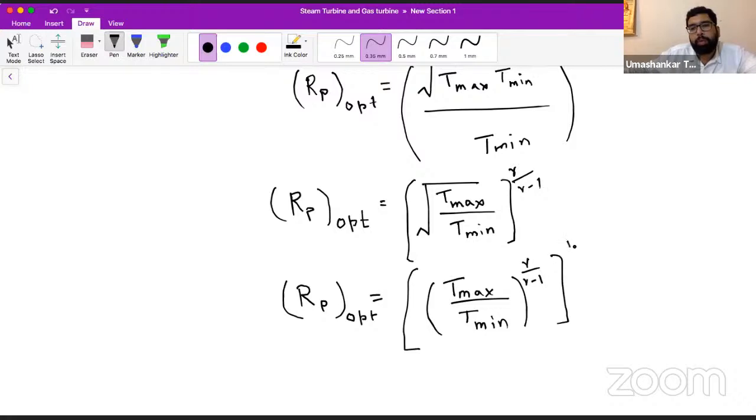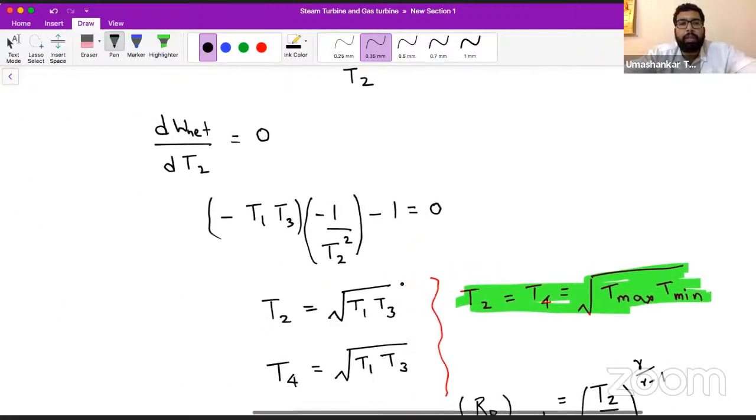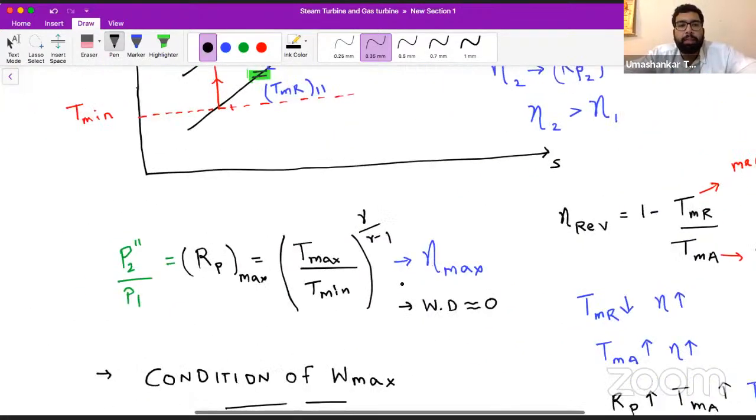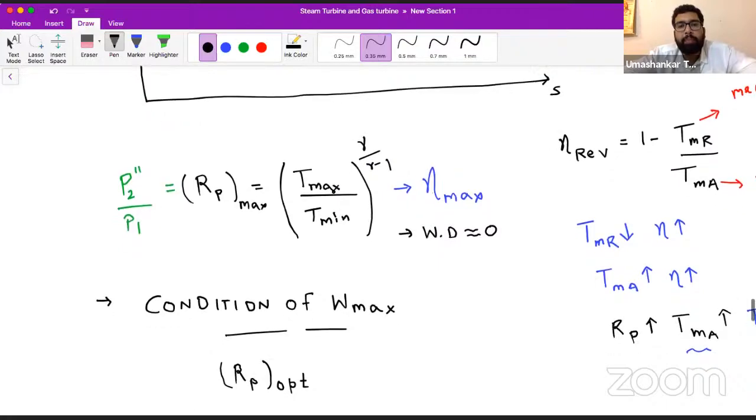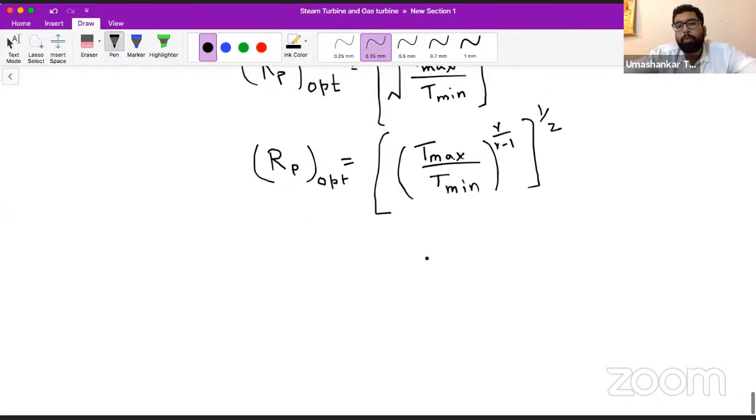Under root means what? 1 by 2. So we are placing 1 by 2 here. And this is our RP max formula, the maximum possible pressure ratio to which we can compress it.